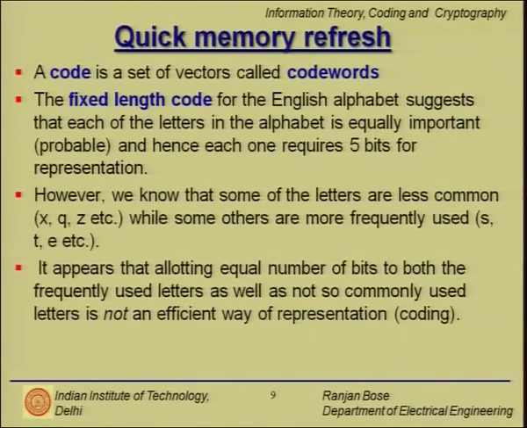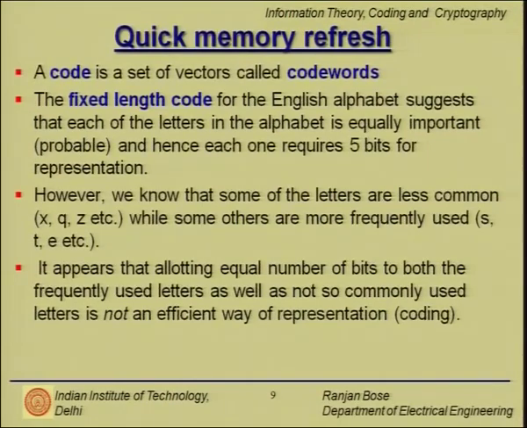So, a code is a set of vectors called code words, and we could have a fixed length code, for example for the English alphabet. Since we have 26 letters, about 5 bits should suffice, because 2 raised to the power 5 is 32. So, we will have some additional code words available, but a fixed length code should suffice for the English alphabet.